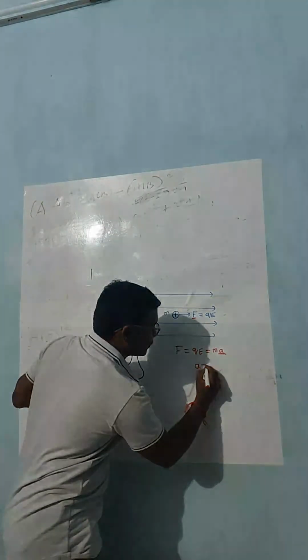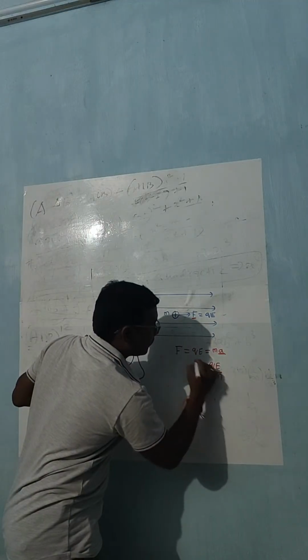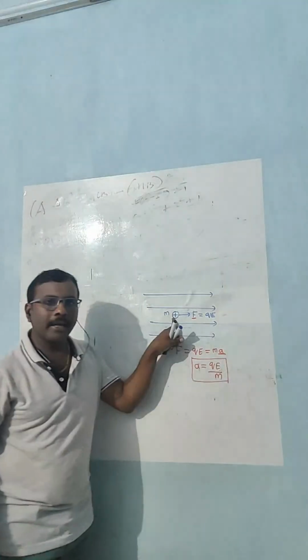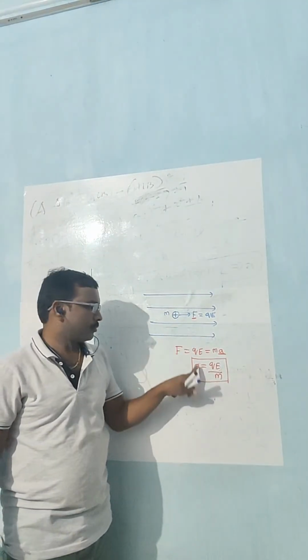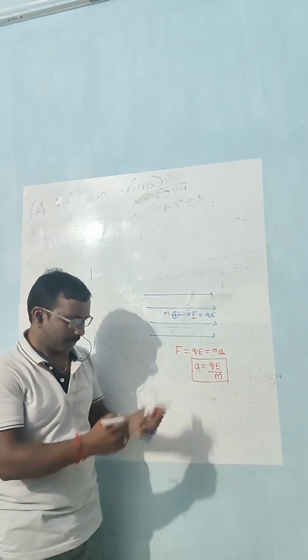So acceleration a equals QE by m. I hope it is clear.